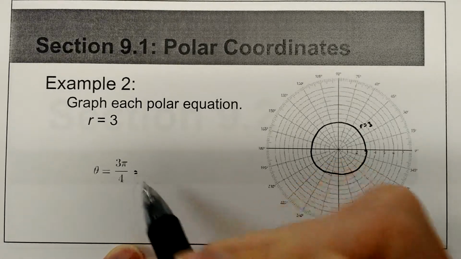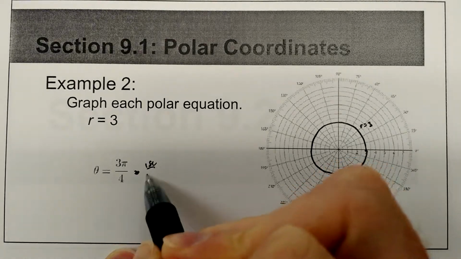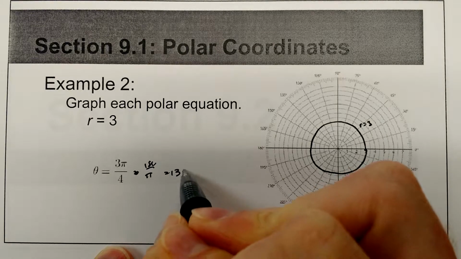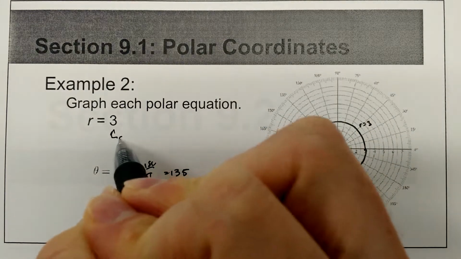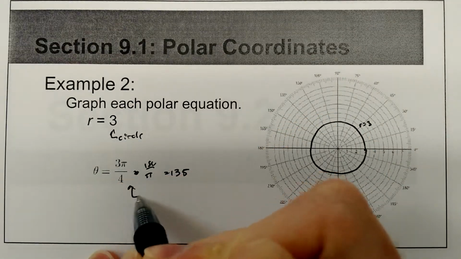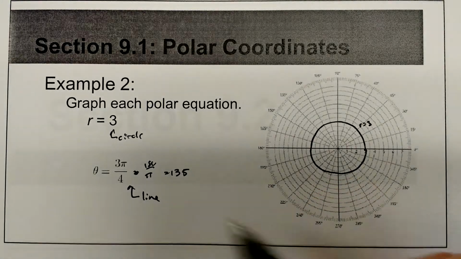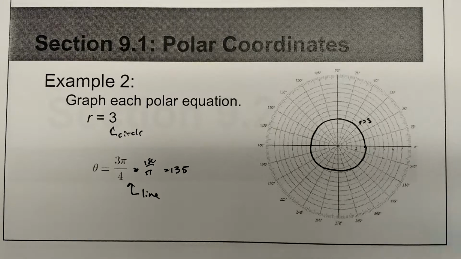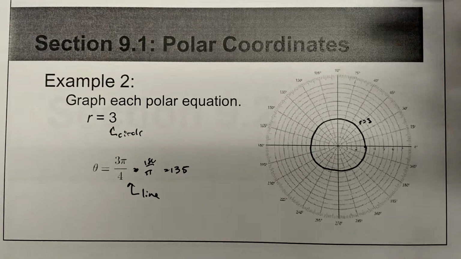Theta, I'll turn that into degrees, so multiply by 180, divide by pi. That's 135, which is a line. So this one draws a circle. This will draw a line. The line just has to pass through 135 degrees, so you find 135, which looks like it's right here.